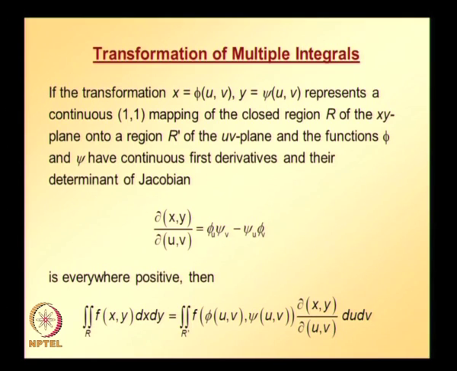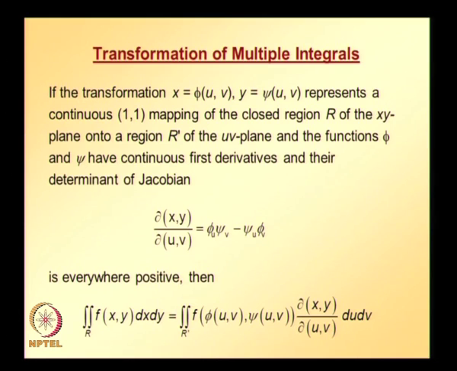If the determinant is positive everywhere, then the integral of f(x,y) dx dy evaluated over region R can be transformed the way shown on the right-hand side of the equation, that is, the double integral over R prime of f as a function of phi and psi, which in turn are functions of u and v, multiplied by the determinant of the Jacobian, du dv.